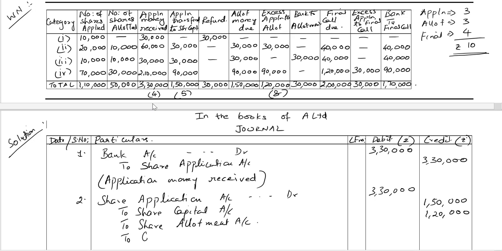To calls in advance account, the amount of excess application money transferred to the final call to be written against calls in advance account is the amount of the 11th column, excess application to final call, 30,000 rupees.